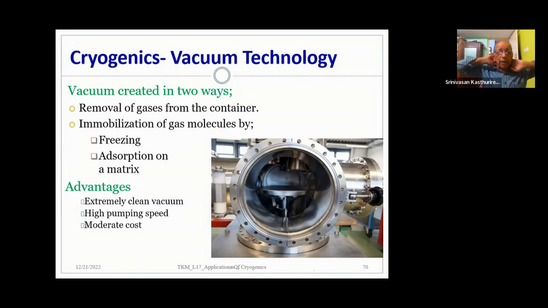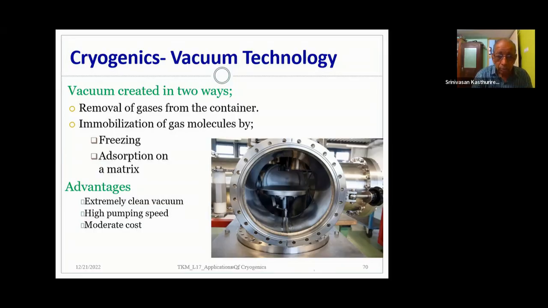So vacuum can be created in two ways: either positive displacement, removal of gas molecules from the container physically, or you can also immobilize the gas molecules by adsorption, either physical or chemical adsorption on a matrix, etc. The main advantage of the vacuum created in this manner is extremely clean vacuum, high pumping speed, and moderate cost.